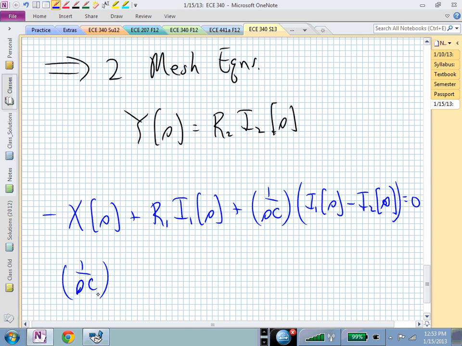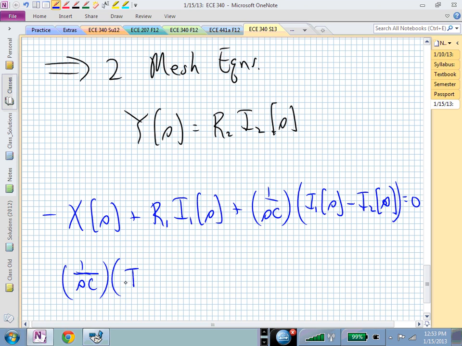SC. Boy, my writing is... But I write my S's as script S's because if I don't, you might think it's a 5, and then you're going, where did 5C come from? This hopefully tells you that that's the Laplace variable S. That's why I'm doing it in script. You can do it however you want, but that's the reason for my notation.